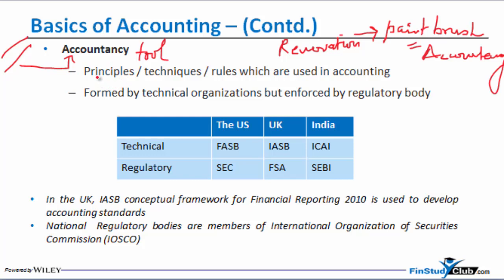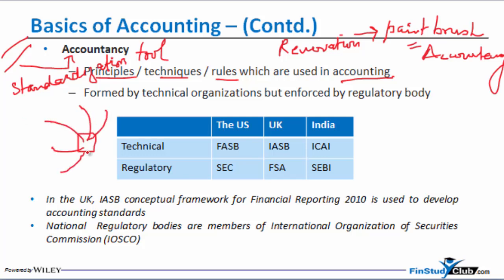What is accountancy? These are the set of principles, techniques, rules which are used in accounting to bring, I want you to write the keyword here, standardization. Imagine if there are 100 accountants in the world and all 100 are doing accounting as per their whims and fancies, then the same business transaction happening on the ground will be reflected differently in different books of accounts.